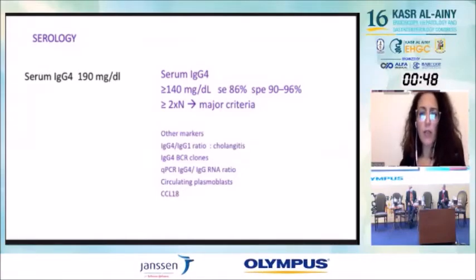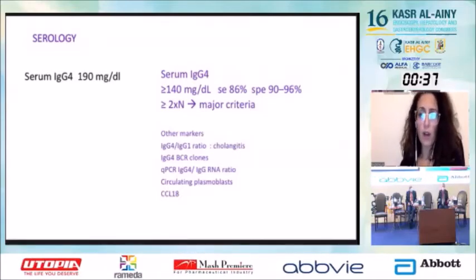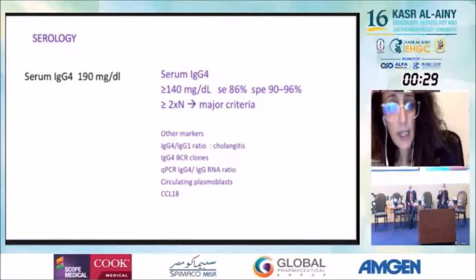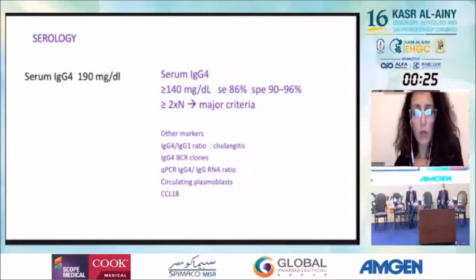The IgG4/IgG1 ratio was well studied in cholangitis, and it's a really interesting marker, but it's not validated yet. Other markers like IgG4 PCR clones and qPCR IgG4/IgG RNA ratio are also developing, but not validated clinically yet. Circulating plasmablasts and CCL18 are also coming and need more validation and more studies.